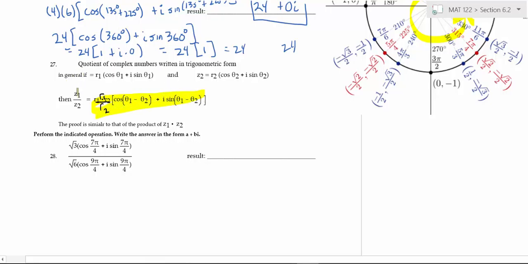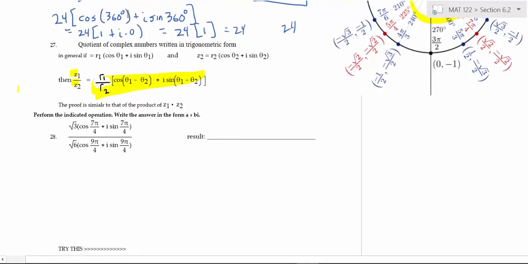What happens is if you divide two complex numbers, you end up dividing the radiuses, and then you subtract the angles, which is kind of interesting. So that's the way that one works out. These are actually very simple to do. If you were doing number 28, you would divide those two things. Then you would do the cosine and just subtract the two different angles.